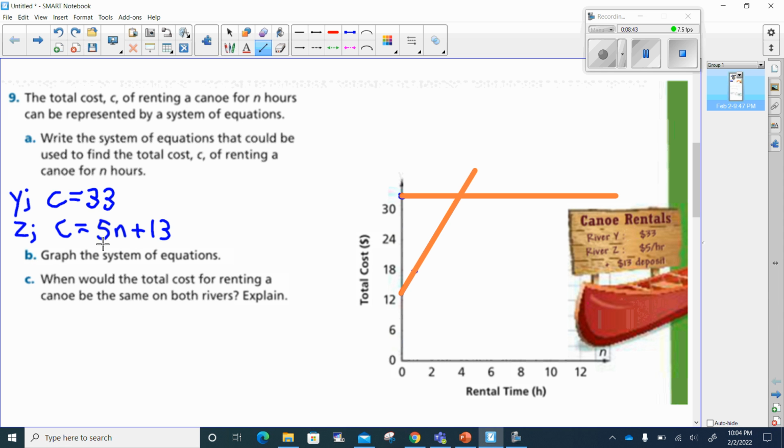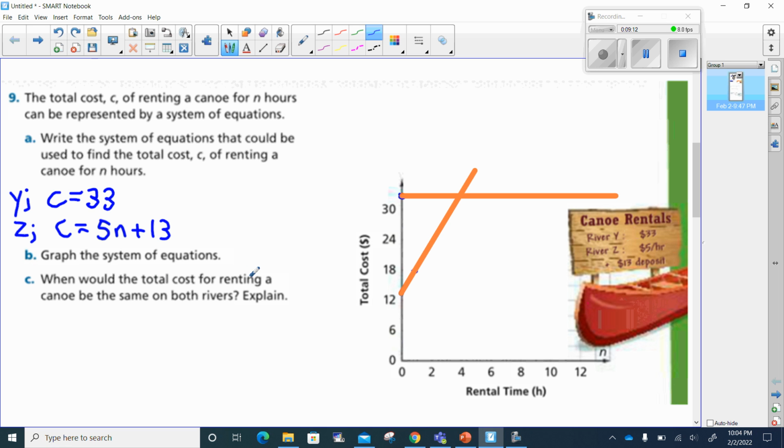If it goes up 5, right, we have 13. We can say if C equals 33 and C equals 5n plus 13, we can write the 33 to make it equal, right? We graph it with the cost. Well, this is graphing over here, right? This was the equations. So I guess I need to put this part down here.